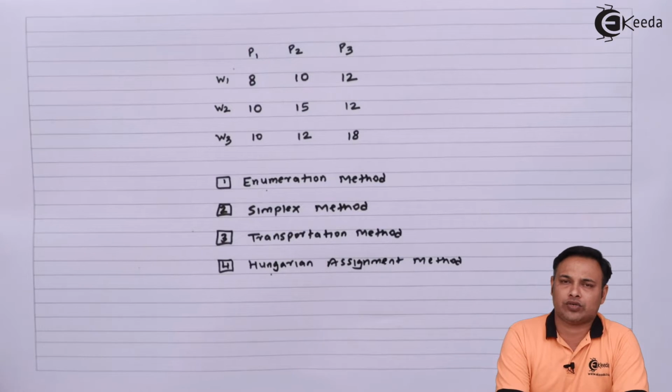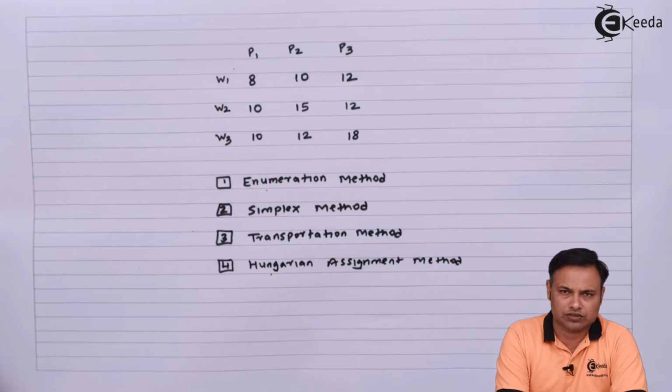Now this method is suitable where I have very limited, 1, 2 or at the most 3 requirements and 3 resources. But if the number of resources and the number of requirements are large, enumeration method is not suitable.